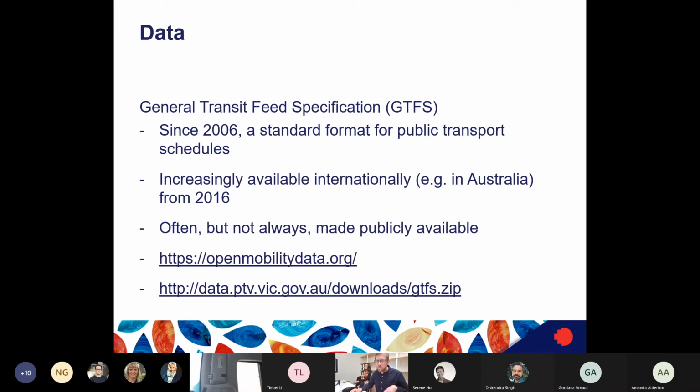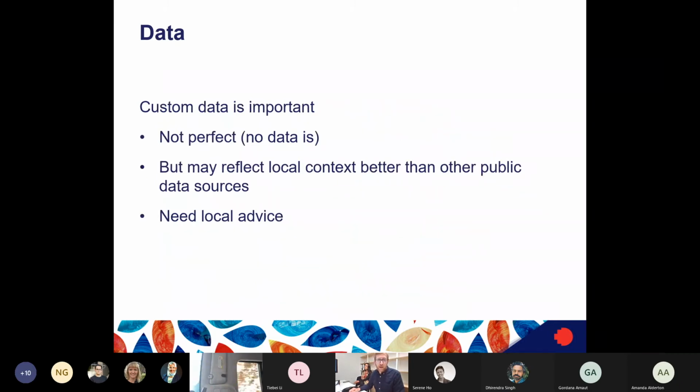Through a survey of available data for our cities, this is an aspect we attempted to do our best to address. But a part of that story is that custom data is really important.